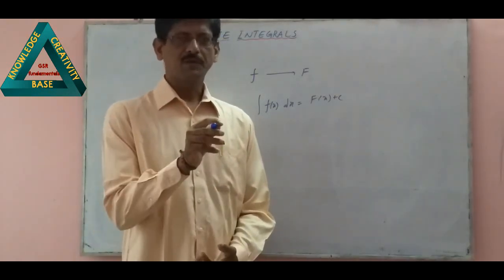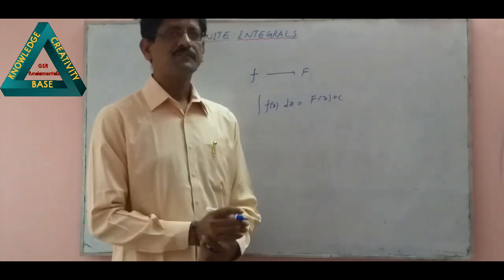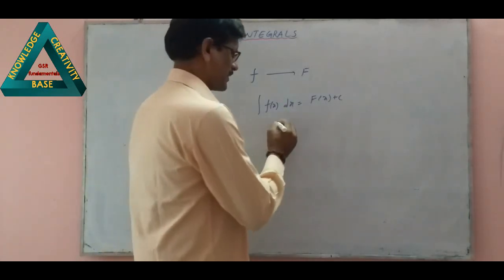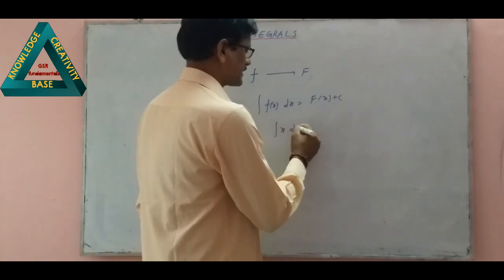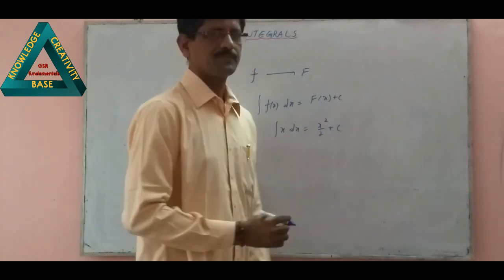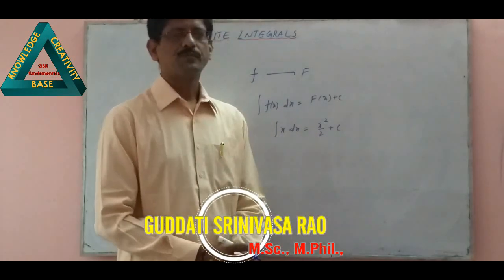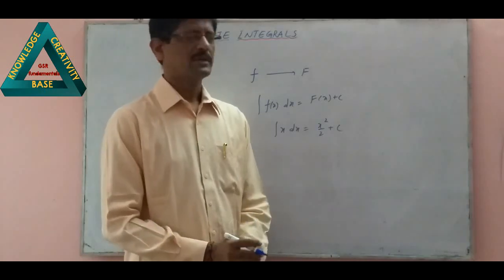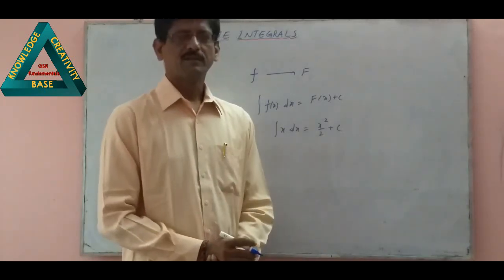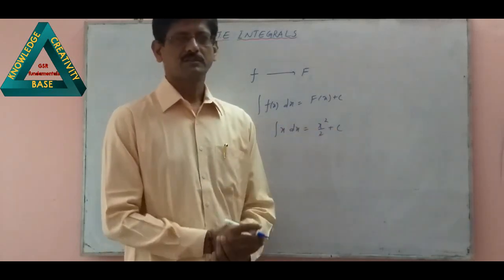The antiderivative of the given function is called integration. So this is called indefinite integral. For example, integral x dx is equal to x square by 2 plus c. Here c is a constant of integration. Is x square by 2 a fixed value? No. Here x is a variable. That means this has so many values.